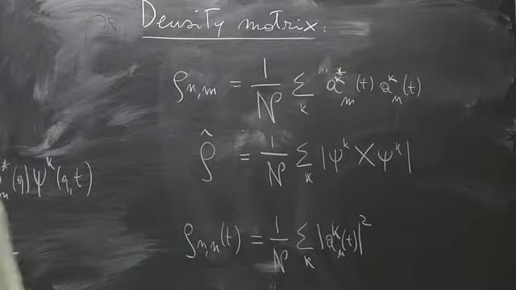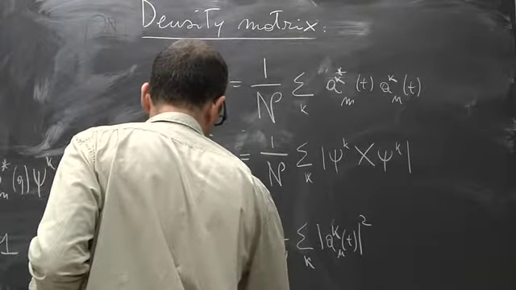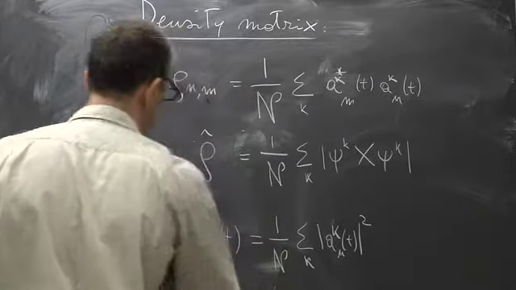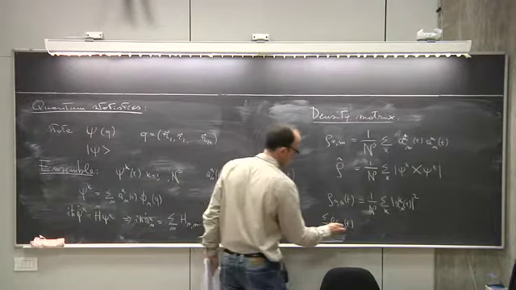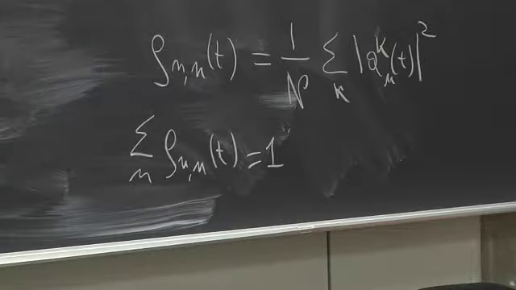Then you can see that if you sum rho n over all the states, the probability to find the system in state n, this is equal to 1. Okay, so it's normalized. So the diagonal elements are normalized to 1.